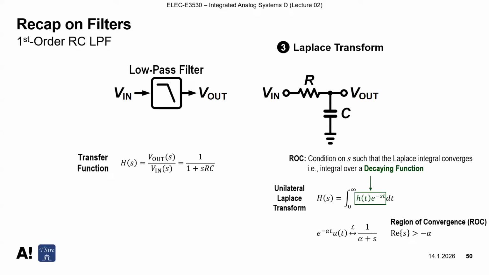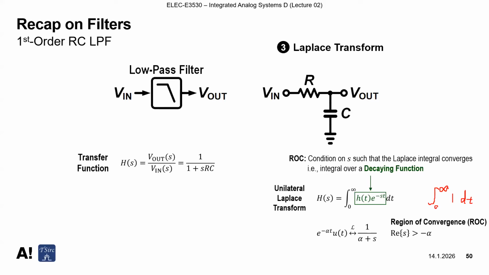The region of convergence, ROC, is the condition on s such that the Laplace integral converges. This function should be a decaying function. Otherwise it will blow up, because we are doing an integral over an infinite range. Even if we are just integrating over 1, it goes to infinity and doesn't converge.